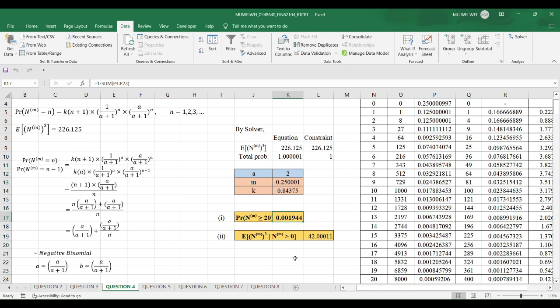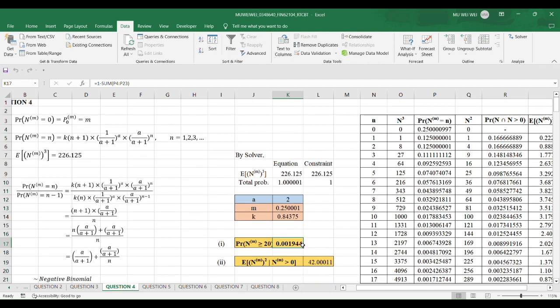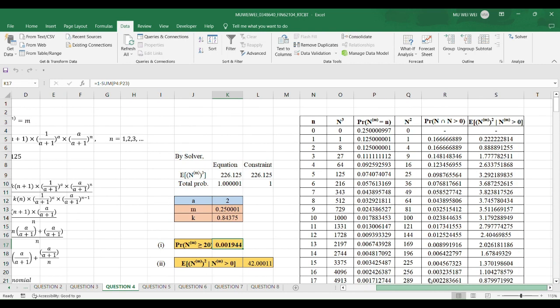To get the expected value of Nm squared, given that Nm is larger than 0, we get a separate column for n squared, which is the value of n raised to the power of 2, and then also the probability of Nm equals n intersect Nm larger than 0, which is the probability of Nm equals n divided by 1 minus the probability of Nm equals 0.